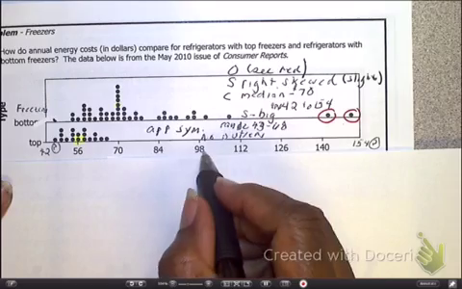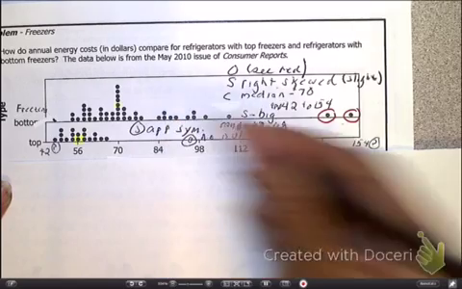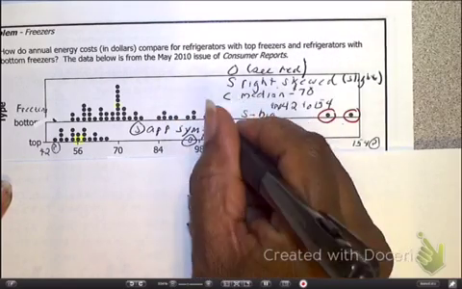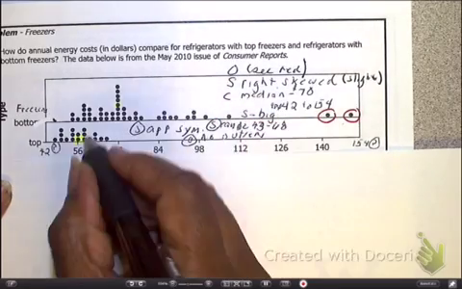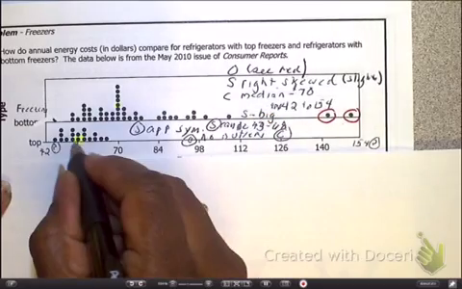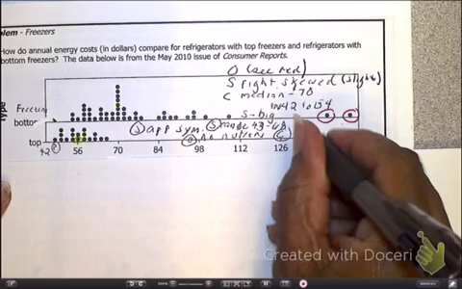So I've got my S for my symmetry, my O for my outliers, my other S for my spread, and my center, again counting, is right there, which is about 56.